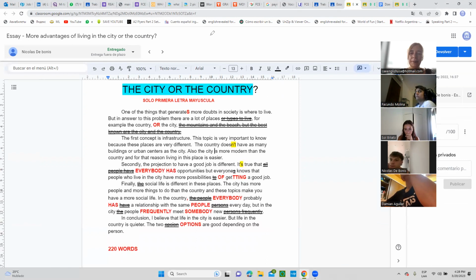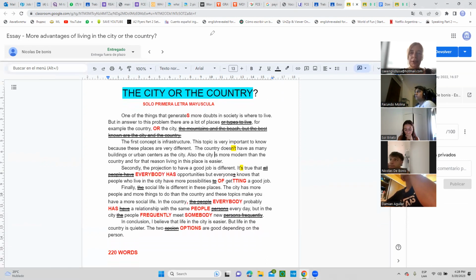So it's not necessary to put "one of the things that generates more doubts in society is where to live. But in answer to this problem, there are a lot of places or types to live." It's not necessary. There are a lot of places, for example, the country, comma, or the city.